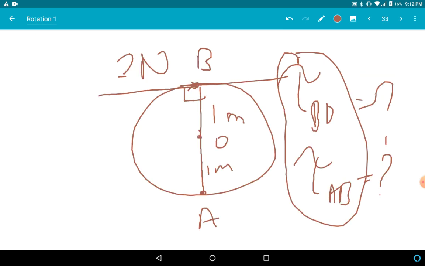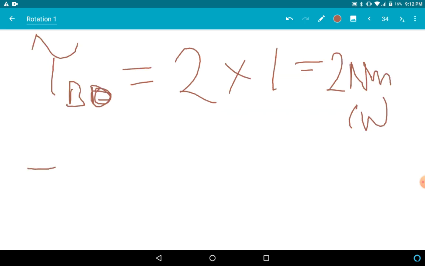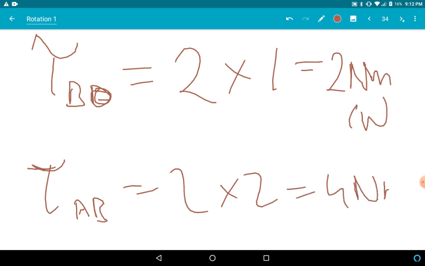See, if we apply it here, it is going clockwise. Now see, here the distance is 2 and the force is applied here, same clockwise. So tau AB is nothing but 2 into 2, that is nothing but 4 Newton meter, in the clockwise direction.